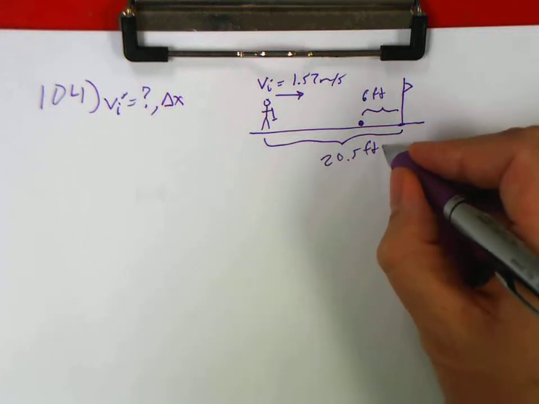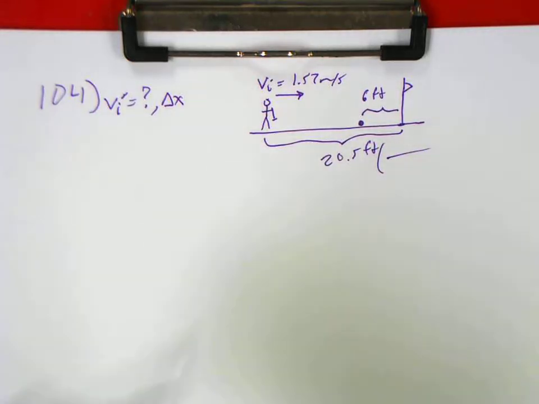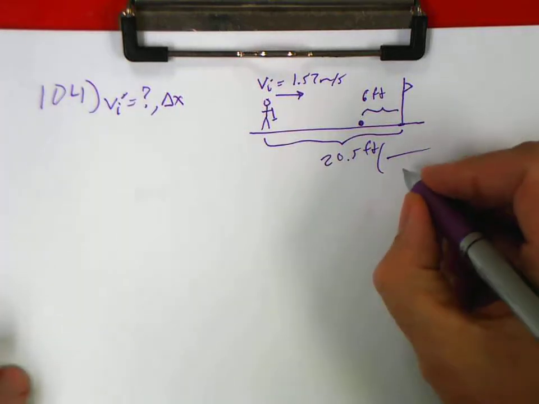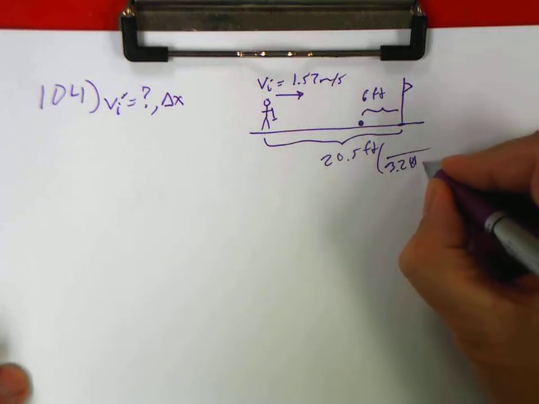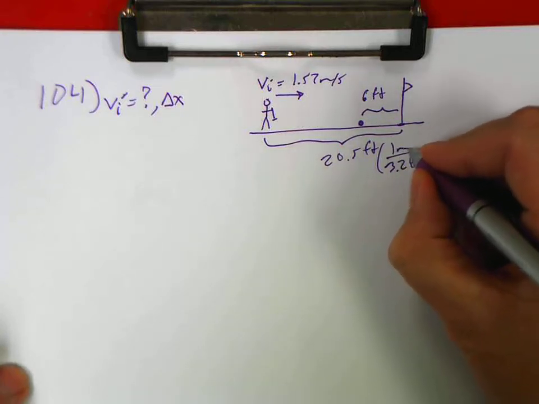Well, since we're doing that, I think I'm going to change this feet to meters. Look in the front of the book, and 1 meter is 3.281 feet.